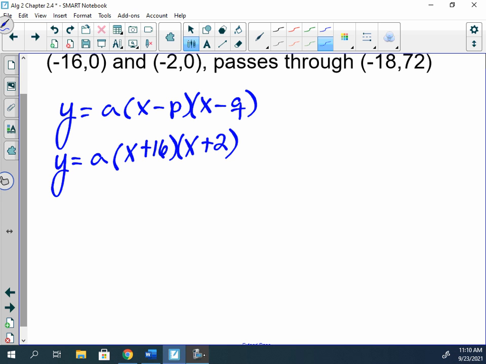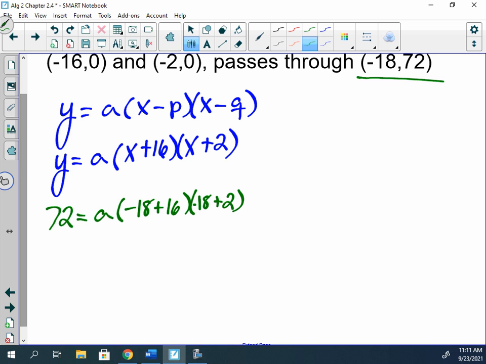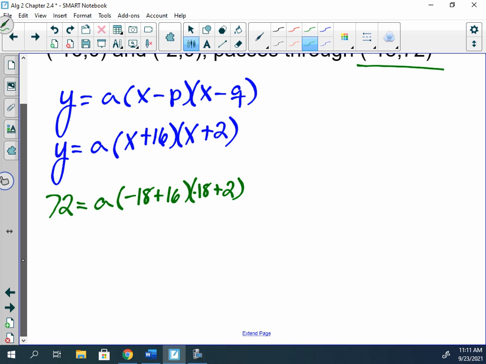Well, the point is (-18, 72). Plug it in. 72 is equal to a parentheses negative 18 plus 16 times negative 18 plus 2. And all that is just a number.